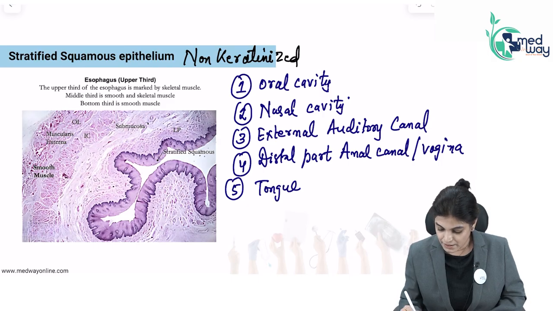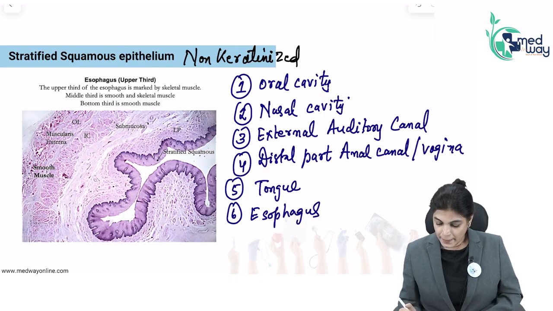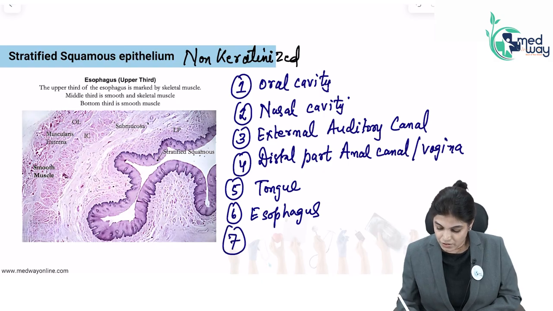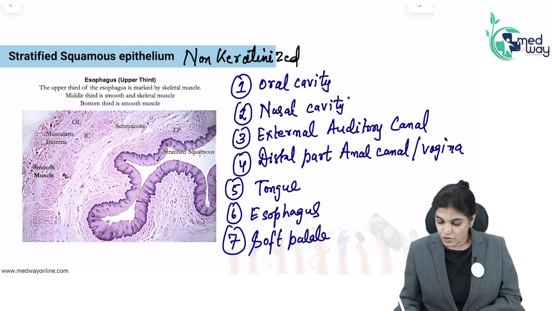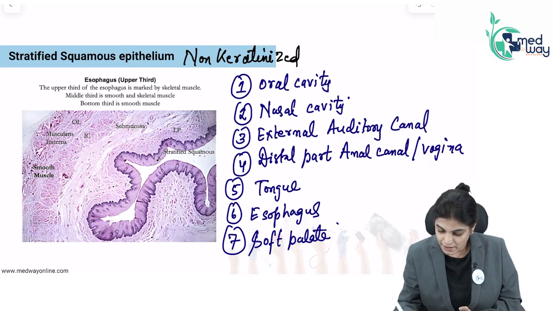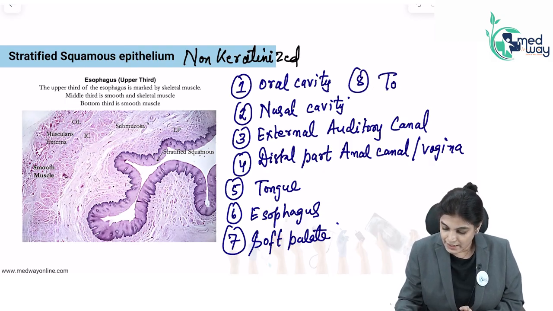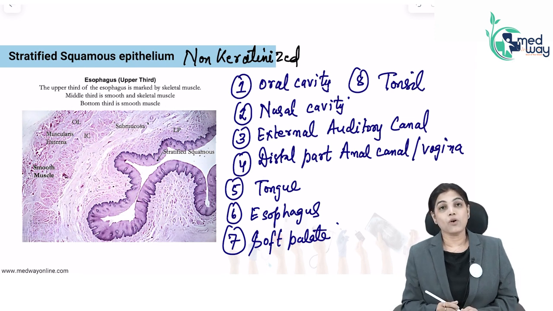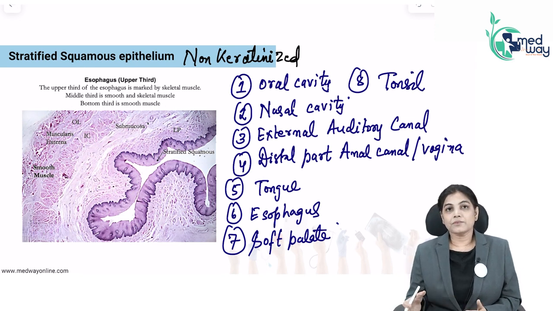It is also present in the esophagus. It is also present in other parts, like the soft palate or palate. So these are certain locations where we have stratified squamous non-keratinized epithelium. It is also present in the tonsil. So many examples are there of stratified squamous non-keratinized epithelium. These are a few of the examples which I have noted down here.